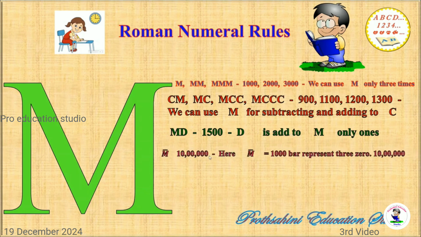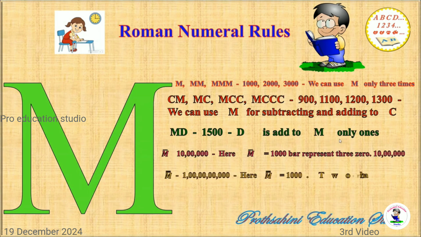M bar. Do you know what is meant by M bar also? M represents 1000, which is 3 zeros. We have a bar, so we can add another 3 zeros, so that we get 10 lakhs. Here M bar is equal to 1000, the bar represents 3 zeros, so that we get 10 lakhs.